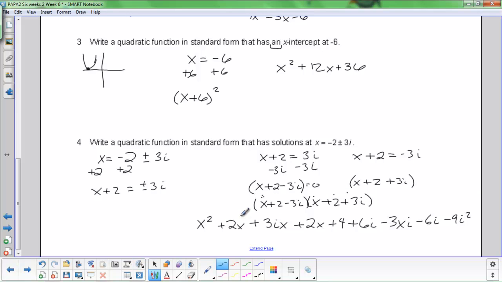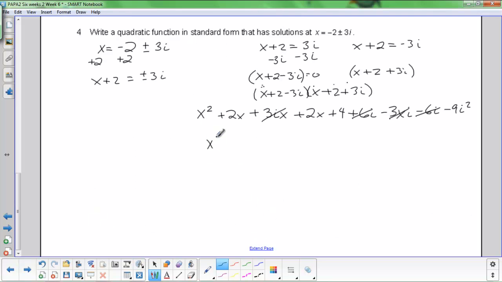Now what happens is you get a whole bunch of terms that cancel each other out. This term cancels with that term, and this term cancels with that term. What's left is your solution. x squared plus 2x and 2x is 4x, plus 4, and then we've got this little guy right here. Remember, i squared is equal to negative 1, so negative 9 times negative 1 gives us 9, and that's going to give us 9 plus 4, which is 13.